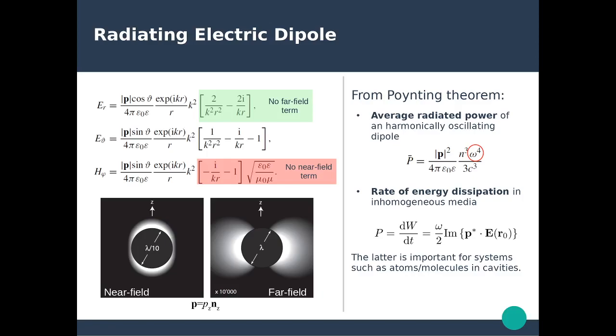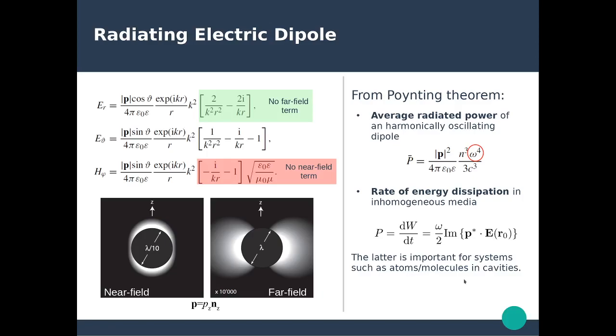Now the rate of energy dissipation in the case of an inhomogeneous medium, something we're going to be discussing later on as well, can be calculated in the framework of the Poynting theorem. This rate of energy dissipation is how much energy is being dissipated per unit of time, and it is proportional to the imaginary part of the dipole moment, complex conjugate, times the electric field.